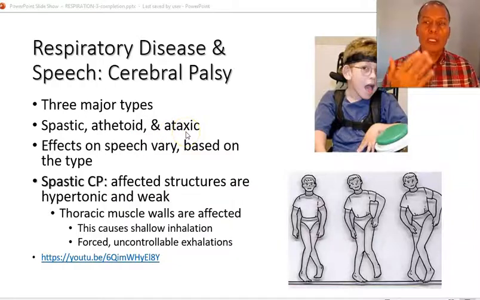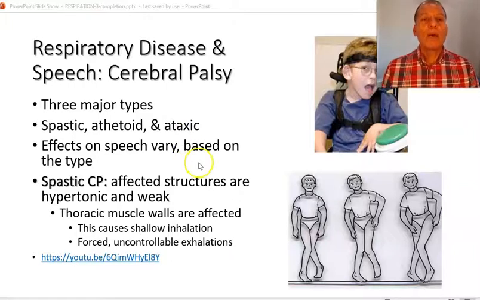And we'll discuss each one in detail and see the speech characteristics, and we'll see the breathing characteristics, and then discuss the implications for treatment and the application of particular methods for each type. So as you see, because of the three different kinds, there will be different techniques.